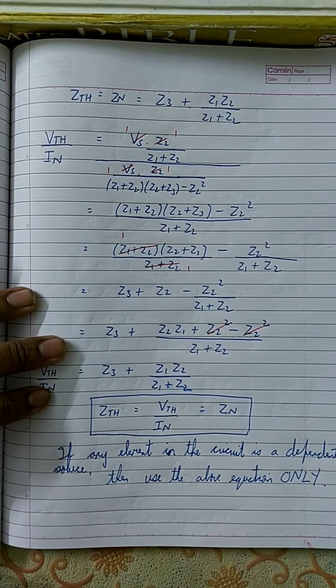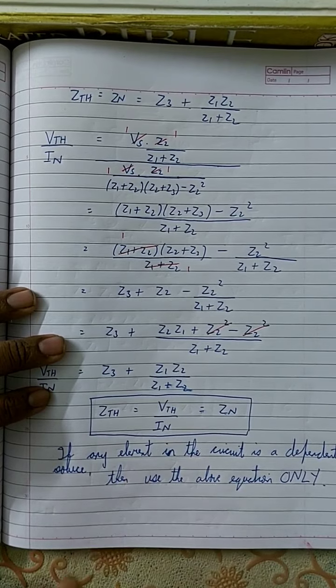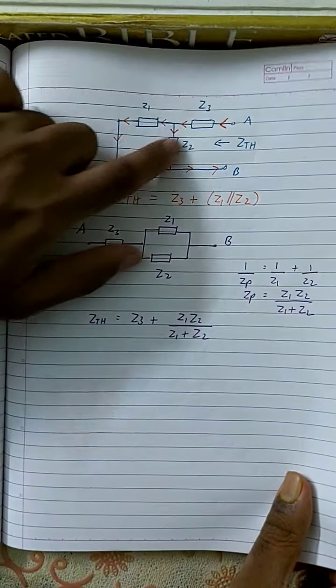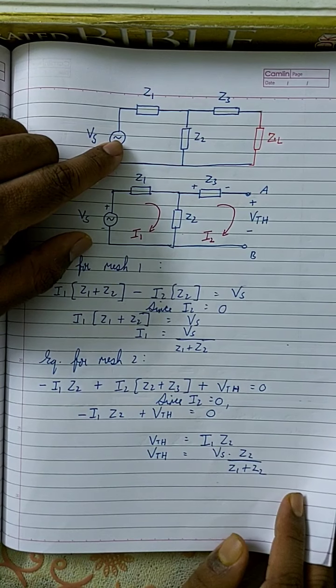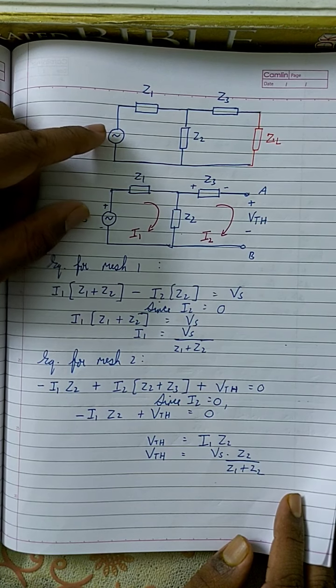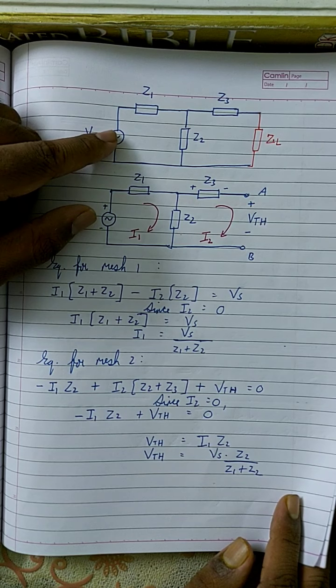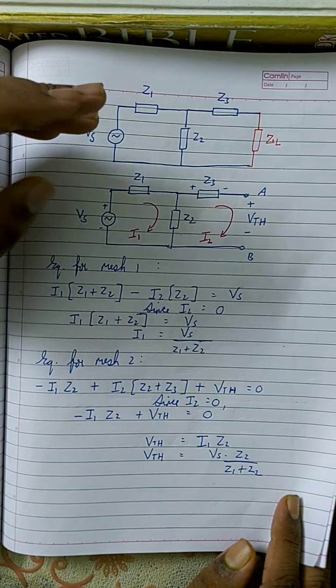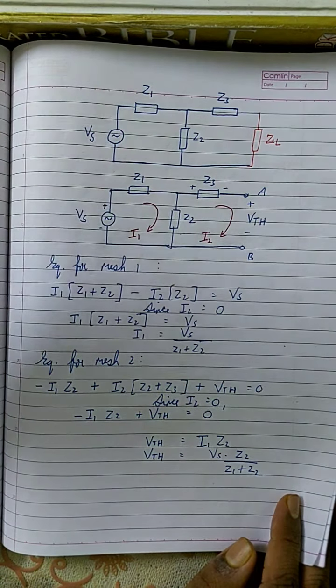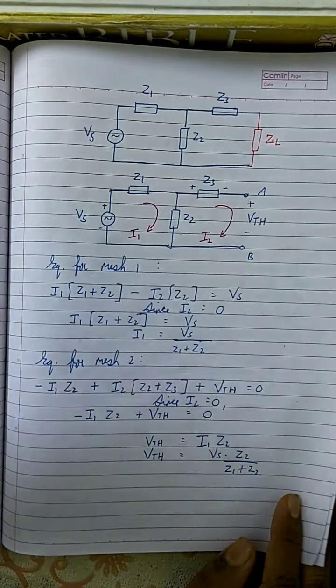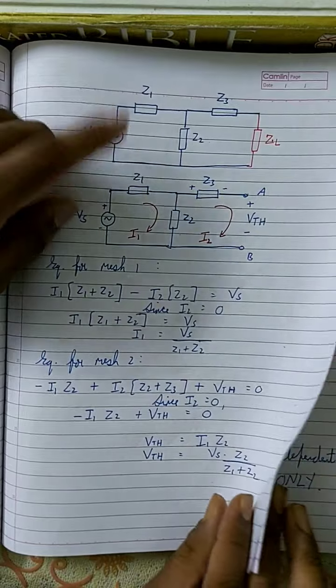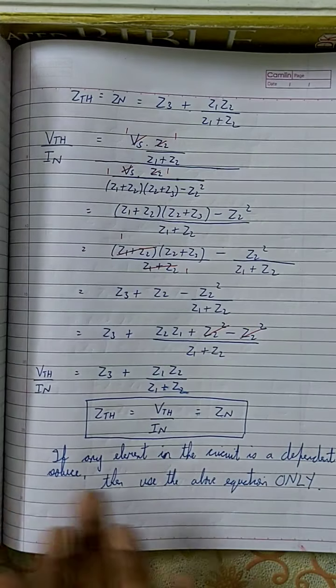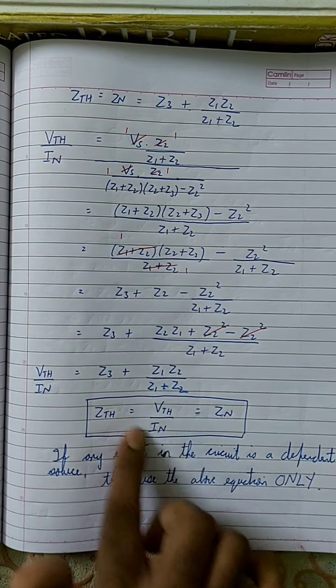That is, if there is a single dependent source anywhere in that network, let it be a dependent voltage source or a dependent current source, a voltage controlled current source, a current controlled voltage source, a voltage controlled voltage source, whatever, any dependent source, then the only way of finding the Thevenin's impedance or Norton's impedance is using this equation.